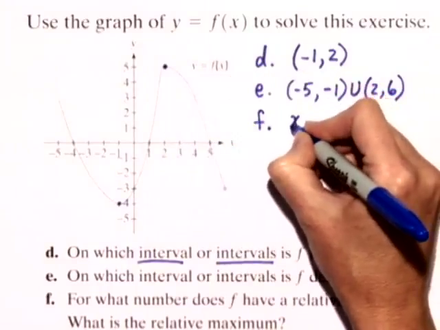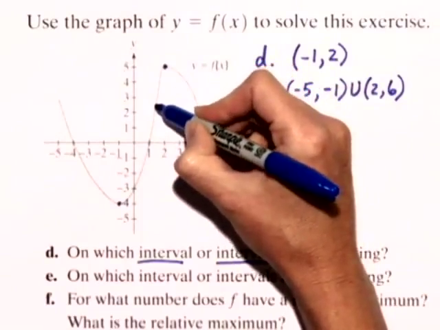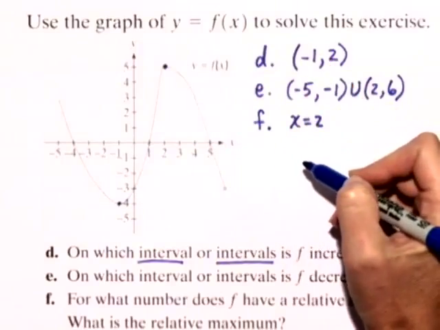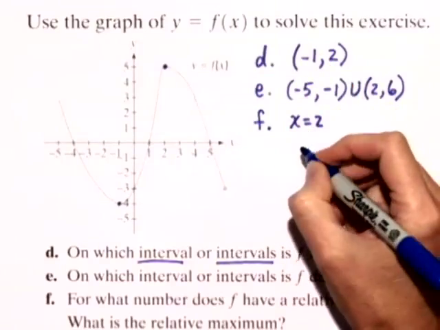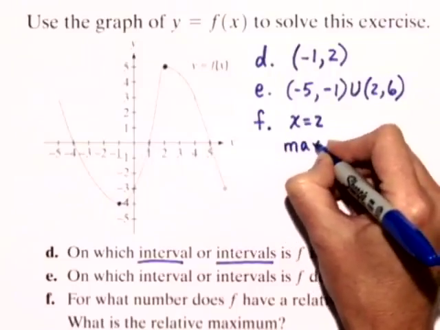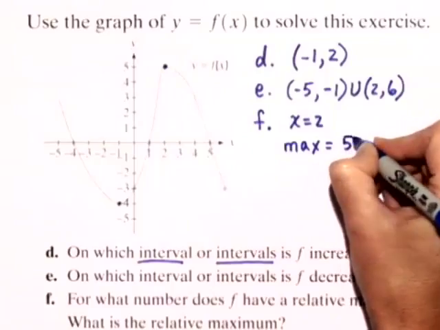So when x equals 2, it appears to have a relative maximum because it's changing from increasing to decreasing. And what is the relative maximum? Well, that's the y value. The relative maximum is equal to the y value of 5.